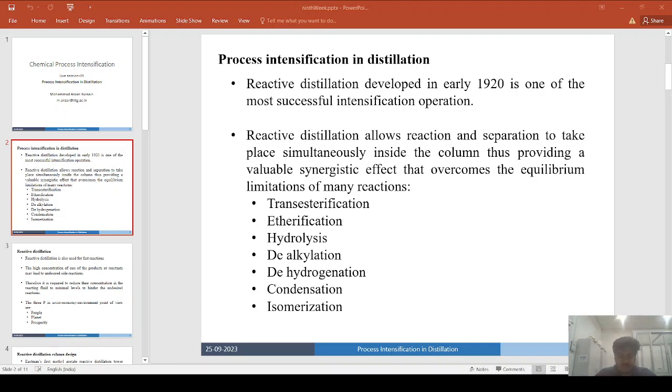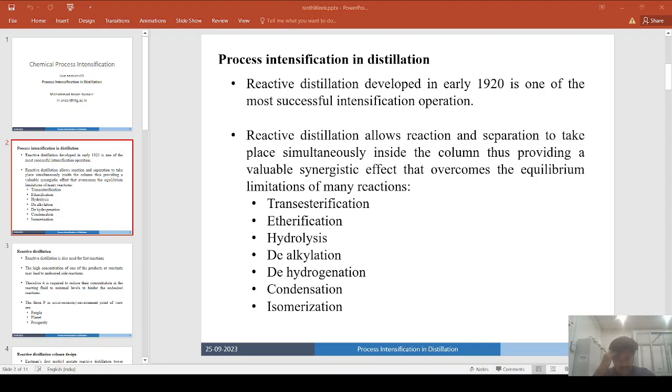So in overview, reactive distillation allows reaction and separation to take place simultaneously inside the column. That is, you are basically combining the reaction unit operation and the separation unit operation task to get a reactive distillation column.